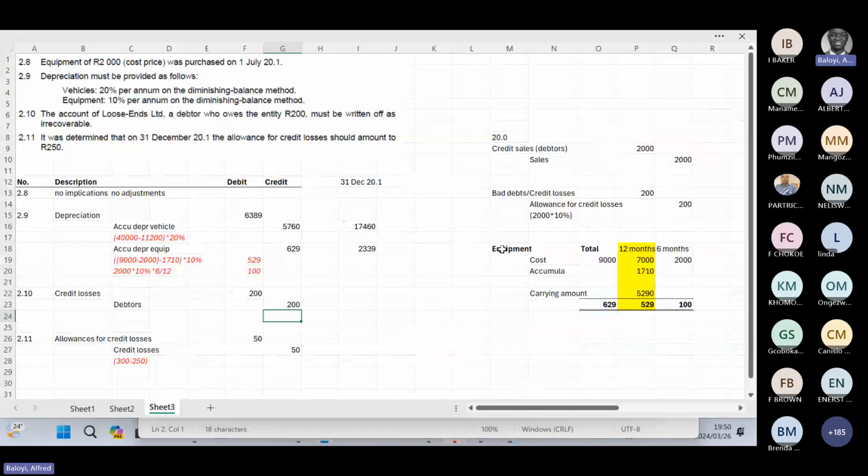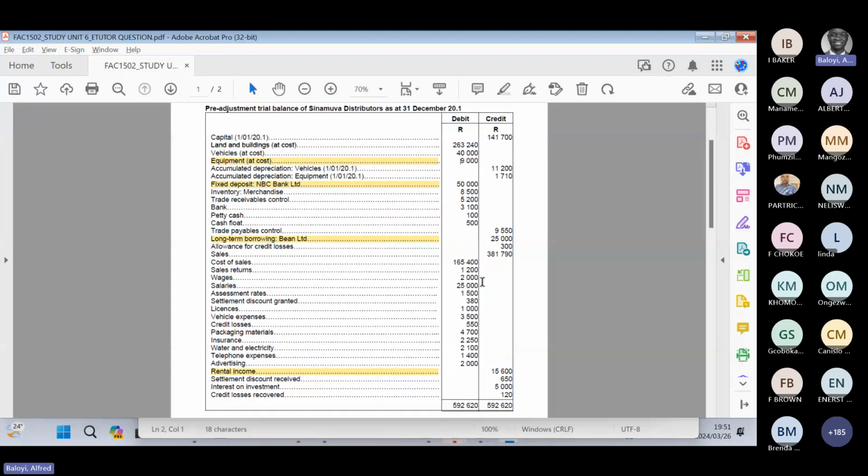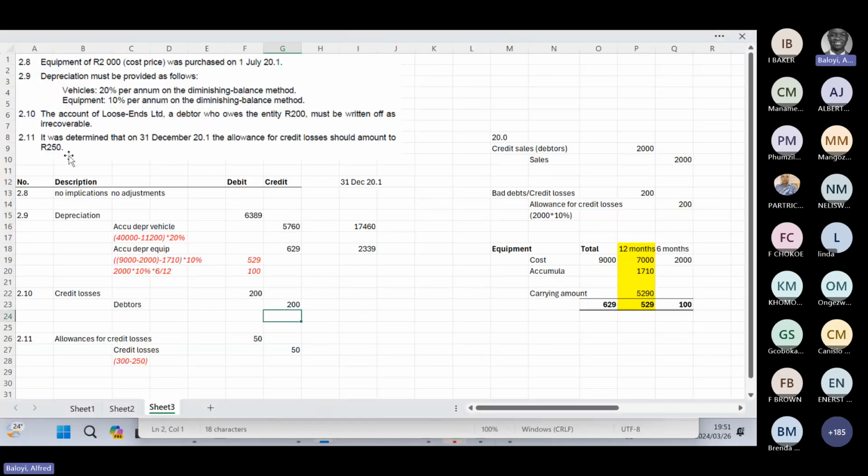But now you have to make an adjustment. Maybe a calculation was made or new information was obtained, and it was determined that on 31 December the allowance for credit losses should amount to 250. So what 2.11 is saying is that this 300 should be 250.